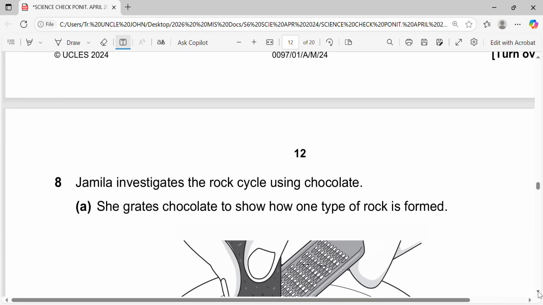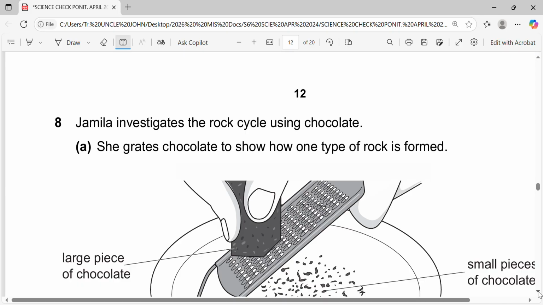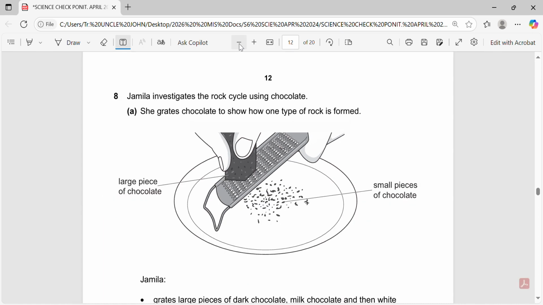We go to question 8. Jamila investigates the rock cycle using chocolate. A. She grates chocolate to show how one type of rock is formed. This is a large piece of chocolate. The other side is smaller pieces of chocolate.